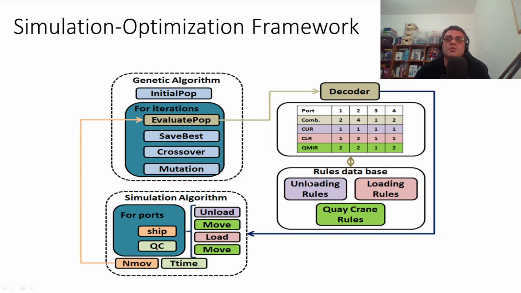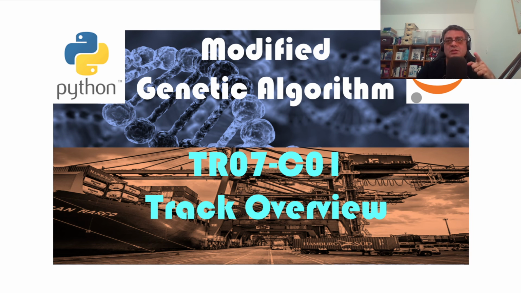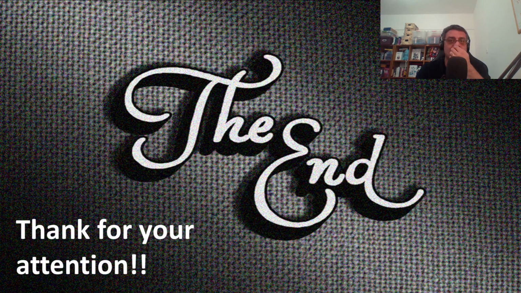You can use the decoder, which provides which unloading, loading, and quay crane rules to apply in each port, but after doing the simulation you can also extract the number of movements and total time, and combine them to give a fitness, showing how much better or worse this solution is than the others. That's the main point we're going to address in this track number 7, and I hope you'll find this video interesting and useful.